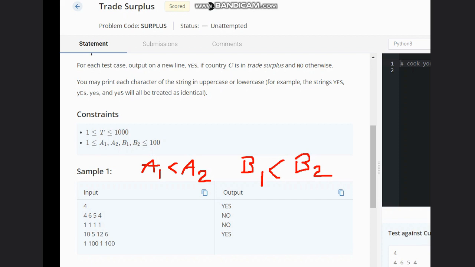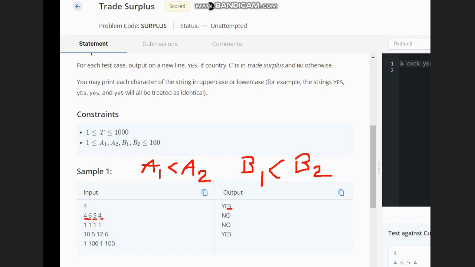Now if any of them is greater, as in the case of 4, 5, 6, 4, where 4 is less than 5 but 6 is greater than 4, still a yes is coming because overall it is less than 0.